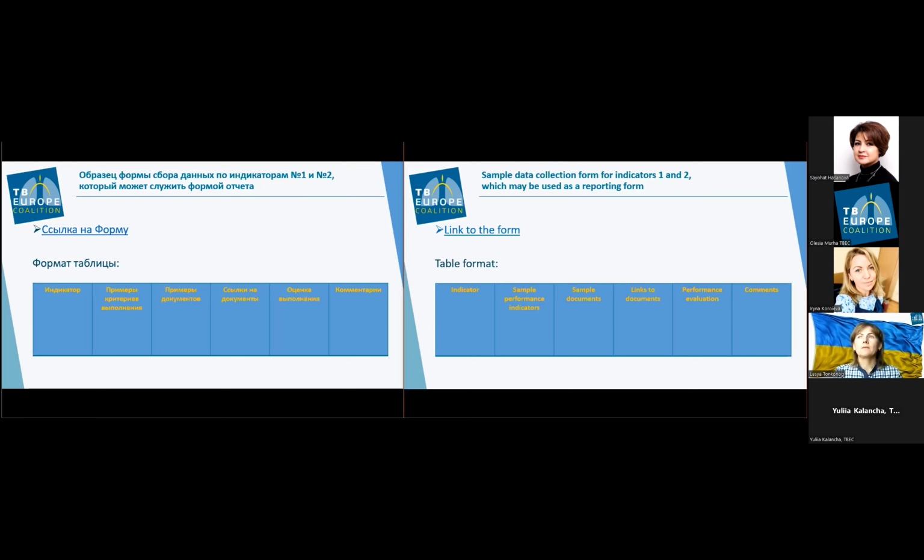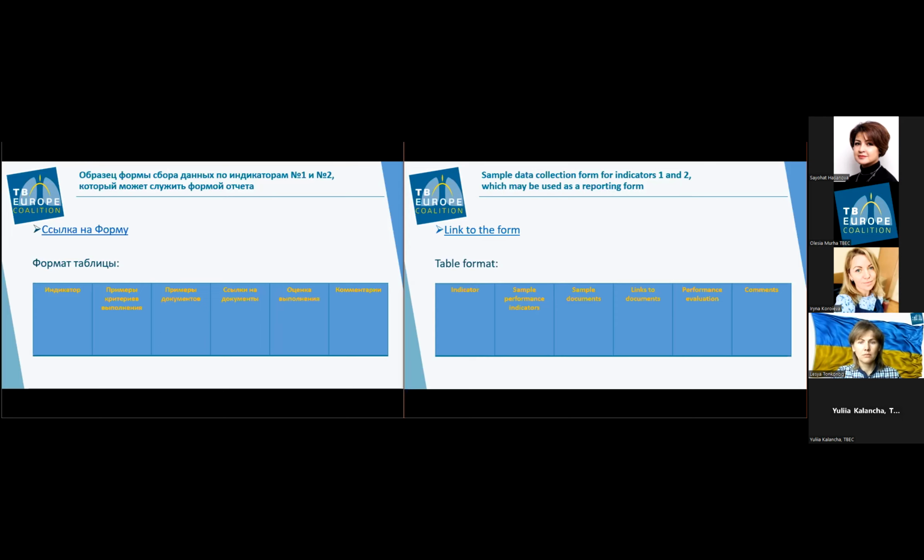Comments may be about, well, if you believe that for certain reasons the evaluation could be higher, even though there is no confirmation for the discussion and implementation of the document, you can comment on that here.